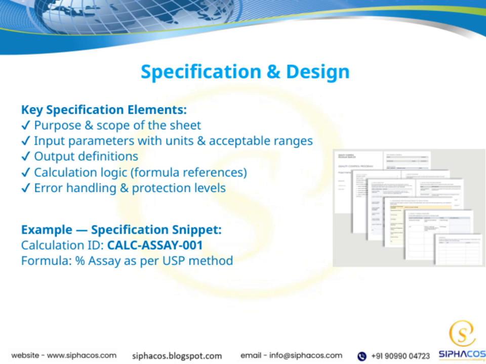This snippet illustrates how specifications are documented and integrated into the overall design. By covering these elements thoroughly, we ensure the sheet is reliable, transparent, and aligned with quality standards. This also ties into the broader theme of building robust and compliant data management systems.